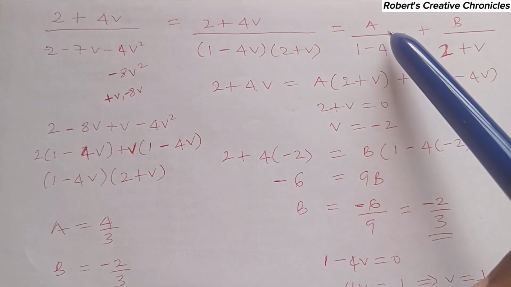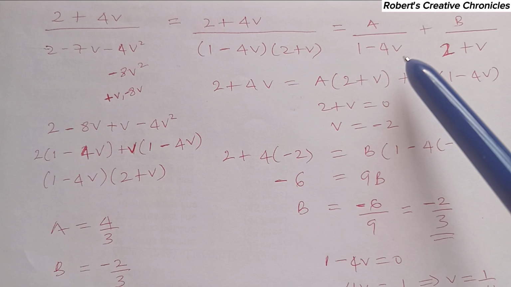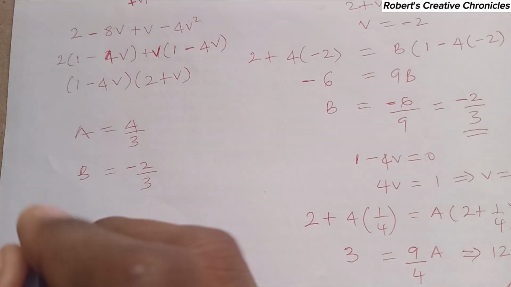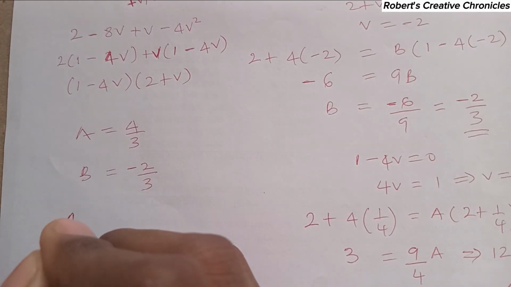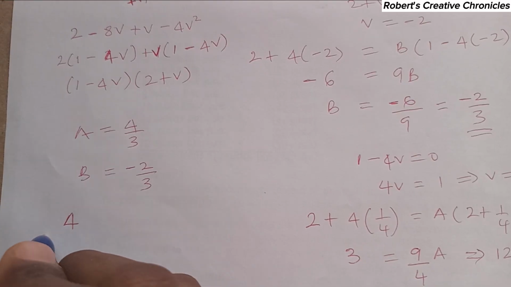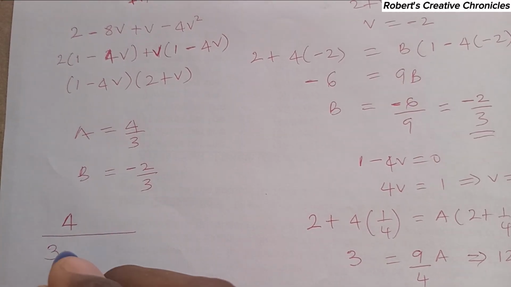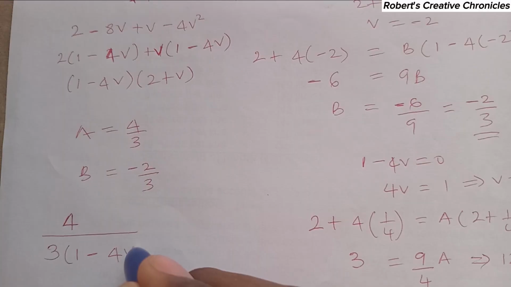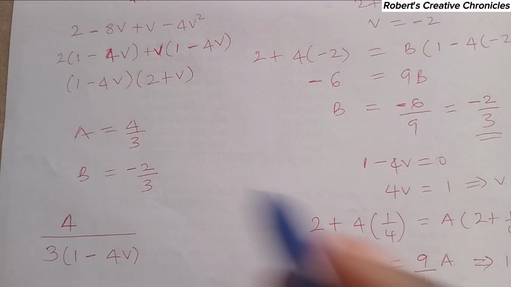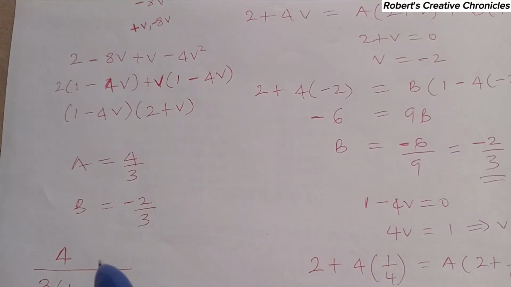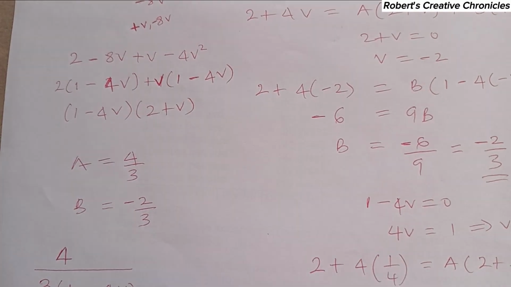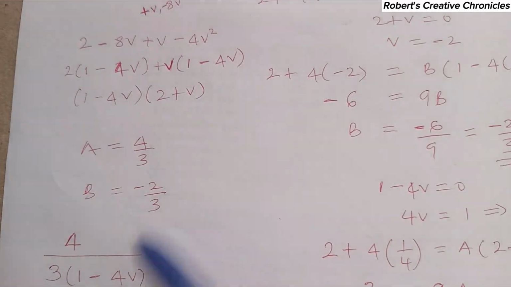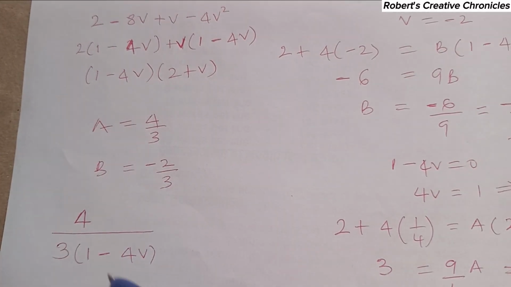So this one will be 4 over 3 divided by 1 minus 4v. Then the second one, because when 4 over 3 is dividing this term, you times it by 1 over that term, so it comes under it.